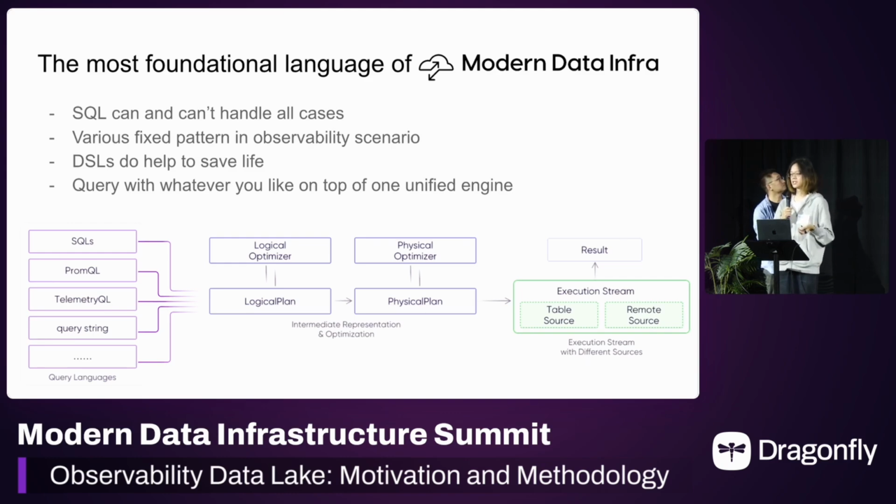If you're familiar with how a programming language is implemented, nowadays they are separated into two parts: the front end and the back end. The back end is mostly LLVM, and the front end is what compiles things into LLVM. And here is how we deal with SQL, PromQL, or any other DSLs you can name.